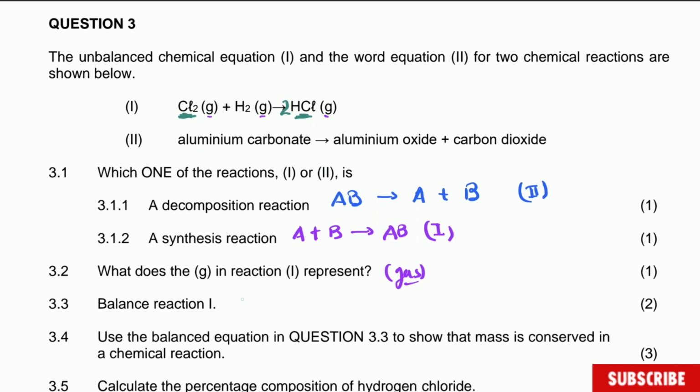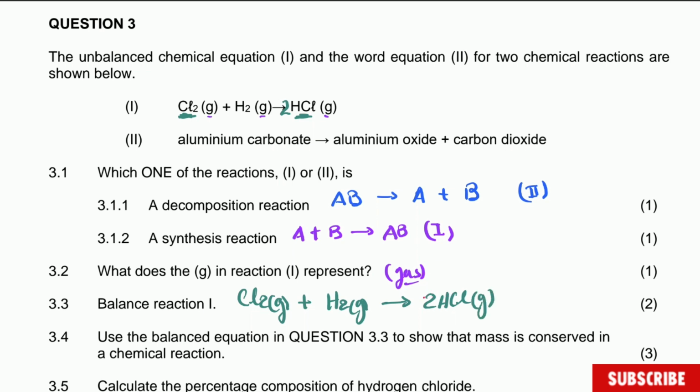So let's write it here at the bottom, already balanced. Cl2 plus, let's write the symbol of the gas, plus H2, also gas. It's going to give you 2 HCl, also gas.